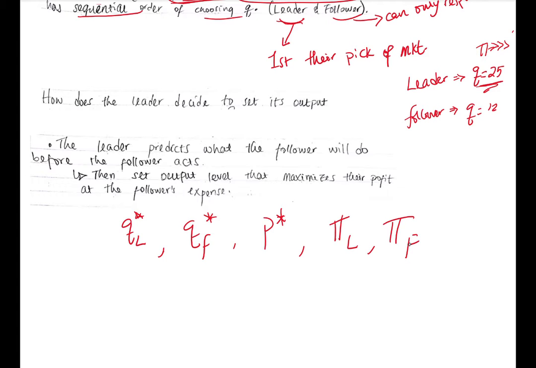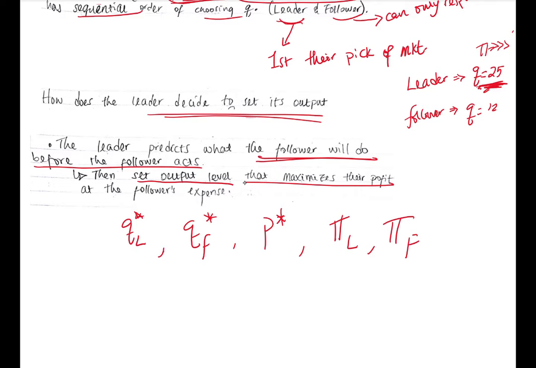Before we go ahead and do all that calculation, let's talk a little bit about how the leader decides the quantity to pick, because we said first things first is that they pick a quantity. Because they know they're going to go first and the follower can only respond to what the leader does, they're going to choose their output level that maximizes their profits, of course, but at the expense of the follower.